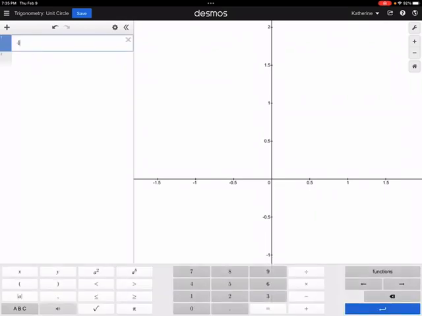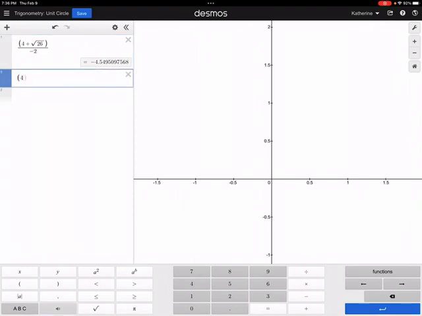So 4 plus the square root of 26 all over, what was it, -2? And so I get -4.55 as one of my answers. And then I have 4 minus the square root of 26 all over -2.